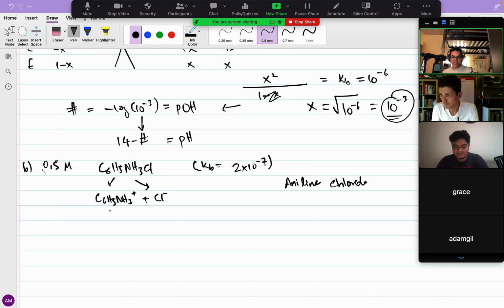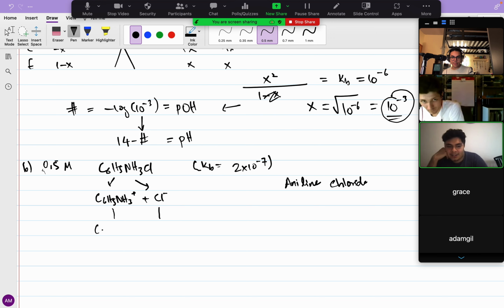Which one traces back to a strong acid or strong base? Jonathan? The C6H5NH3 plus would be the conjugate of a strong acid because it would have donated an H plus. Or sorry, it's a positive, so let's pair it up with a negative, which is OH minus. Okay, so it's the conjugate acid, right?